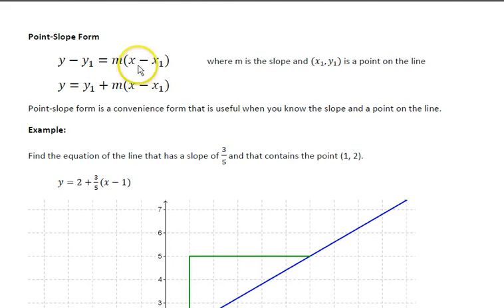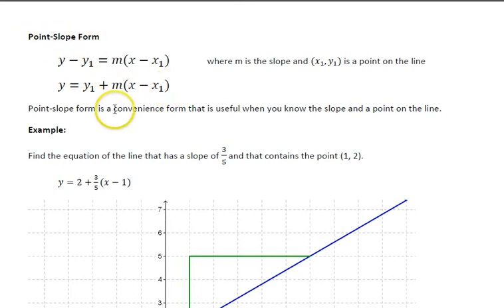If you multiply both sides by the difference of x's, you get the formula: y minus y1 is m times x minus x1, where x and y are the variables, m is the slope, and we're given one point, x1, y1, the coordinates of that point. A variant, by adding y1 to both sides, is y equals y1 plus m times x minus x1.